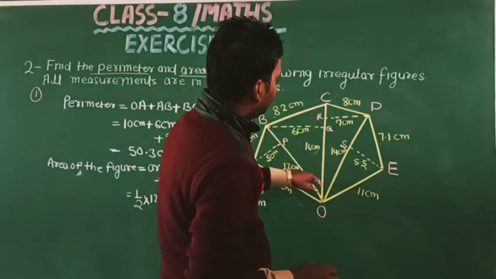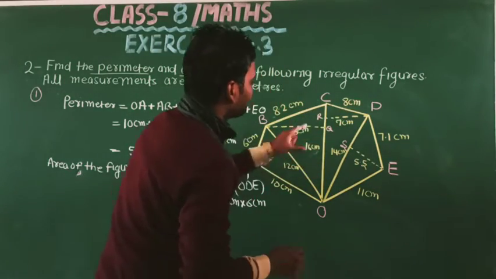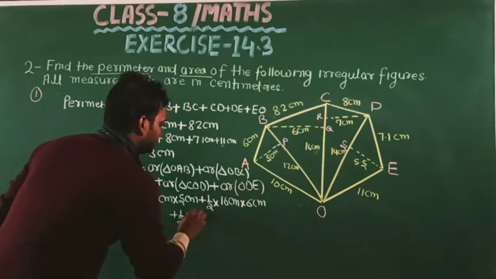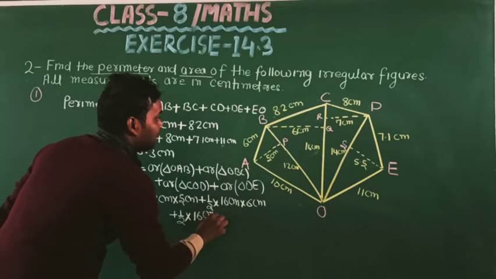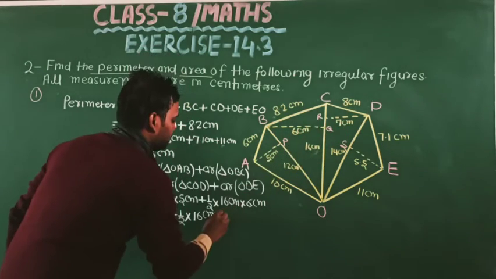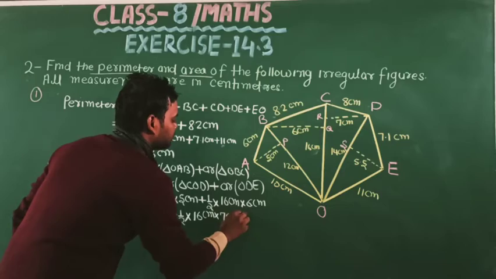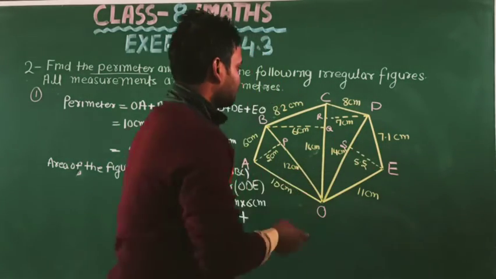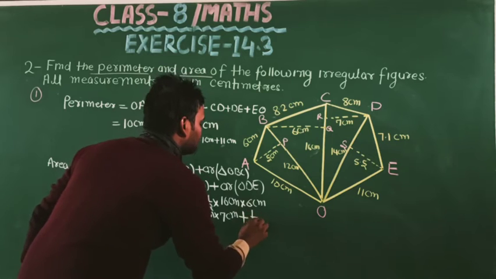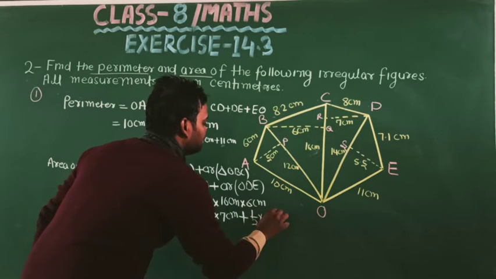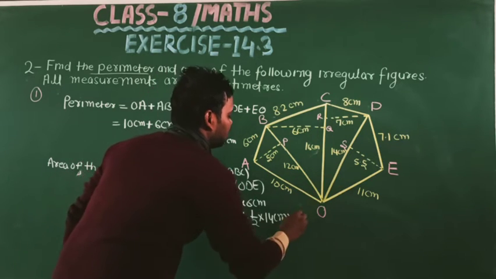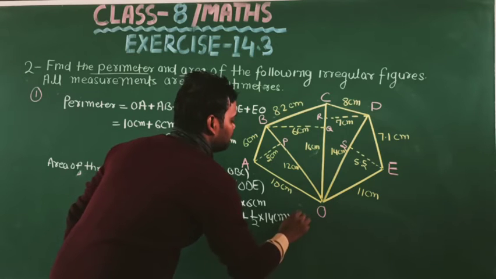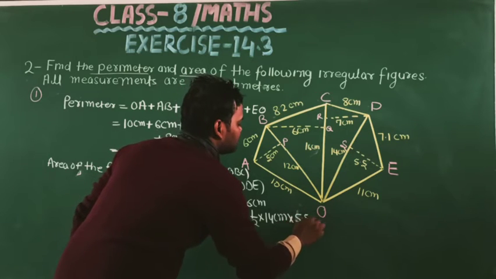Again in triangle OCD, base is OC, which is 16 centimeter and height is 7 centimeter. Plus in triangle ODE, 1/2 into base 14 centimeter into height 5.5 centimeter.